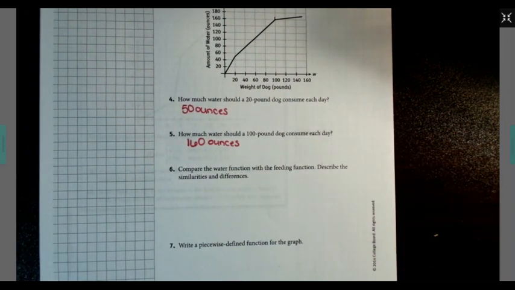Compare the water function with the feeding function and describe the similarities and differences. Well, remember in that feeding function, we had how many pieces?